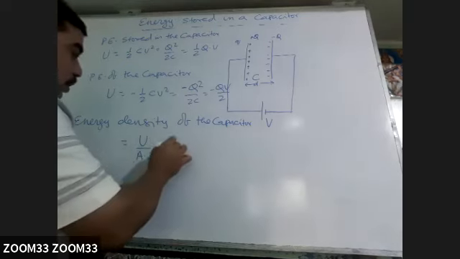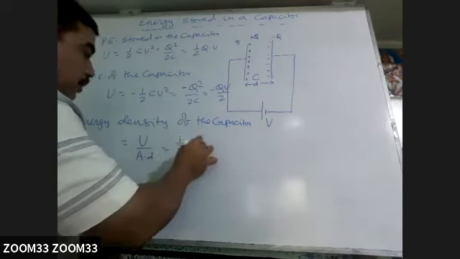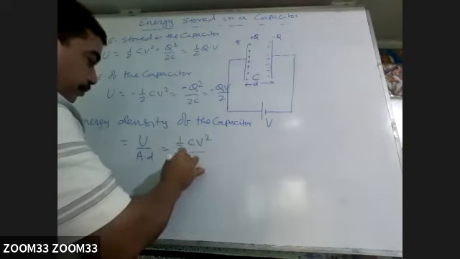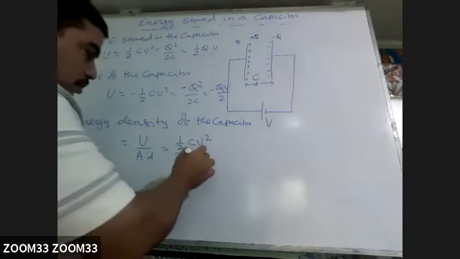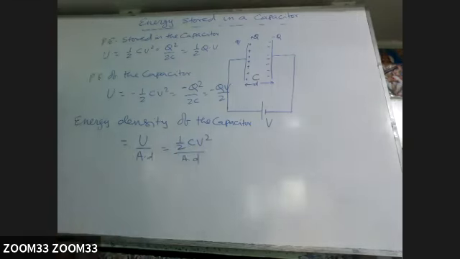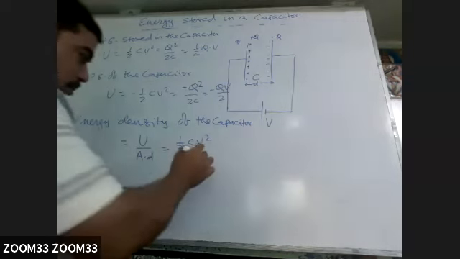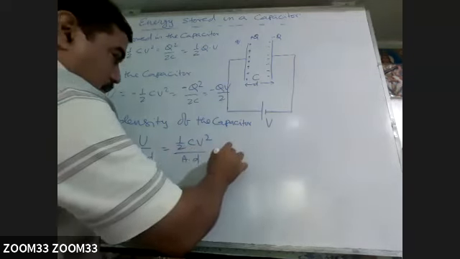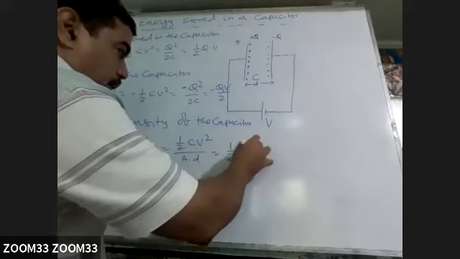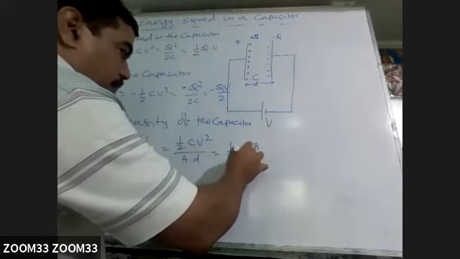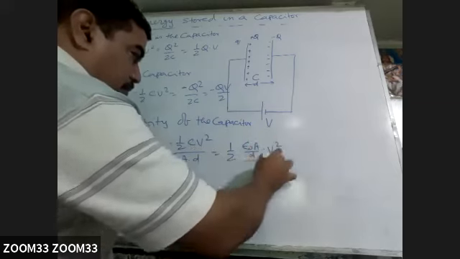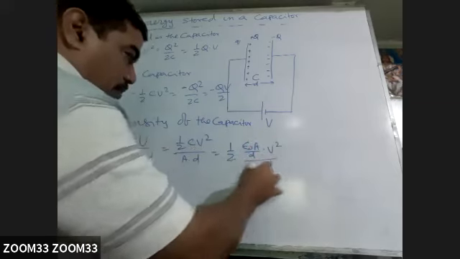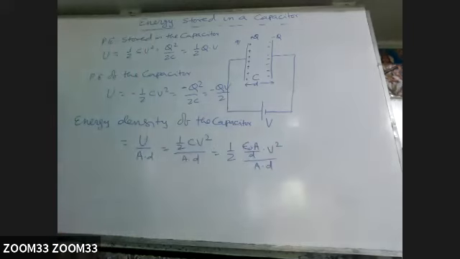Suppose we are taking half CV square. So it is half epsilon naught A over D, and A will be cancelled.